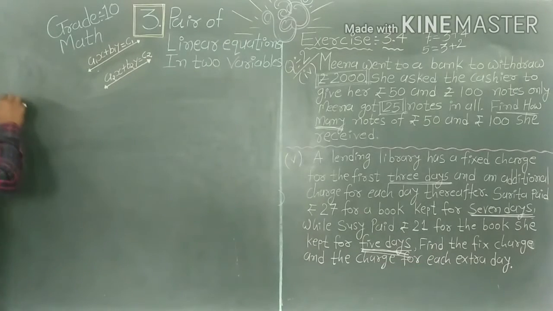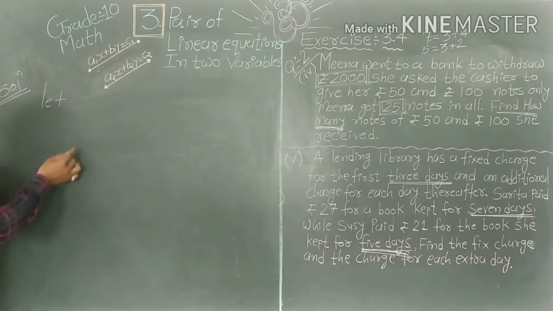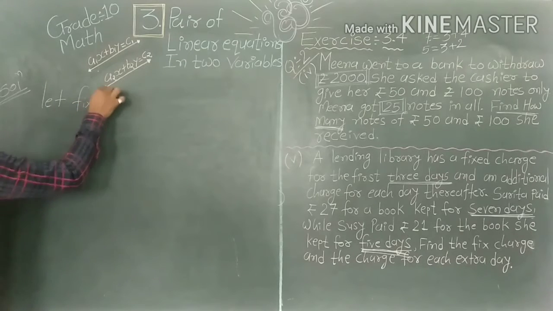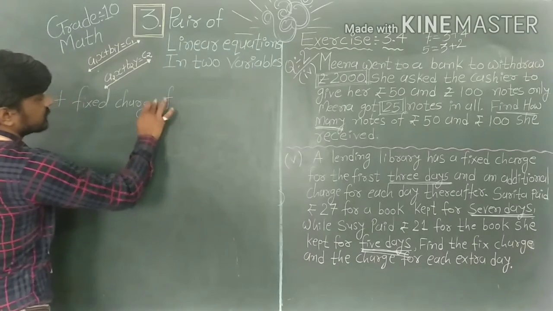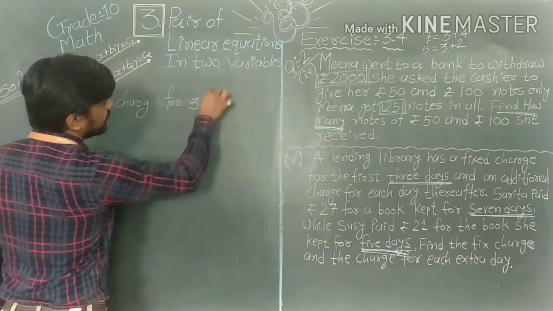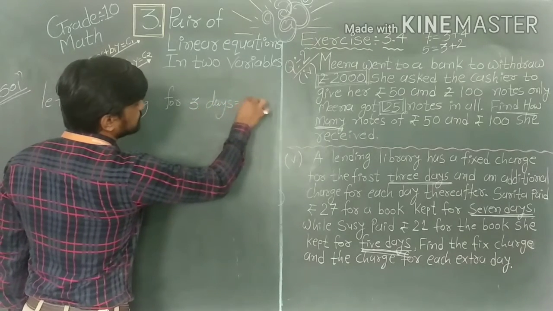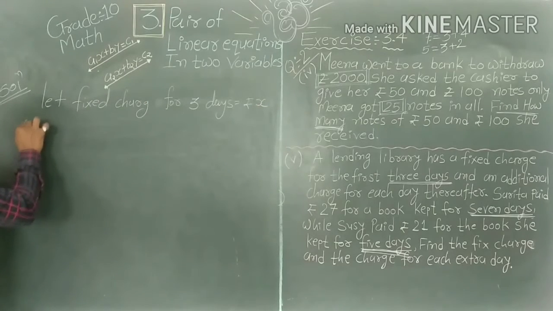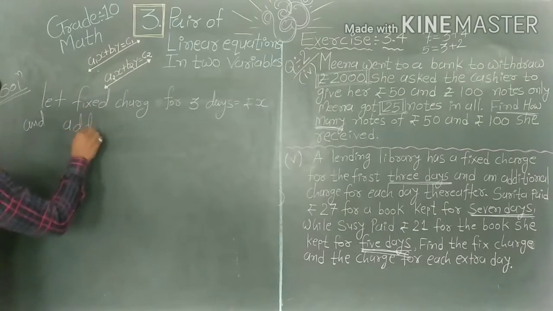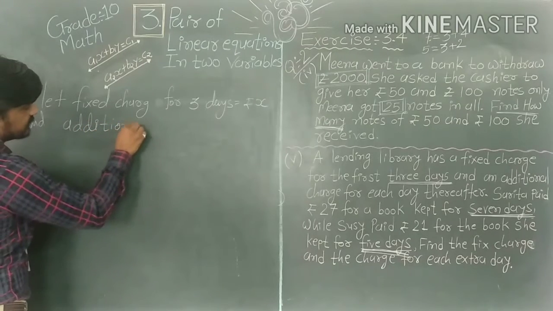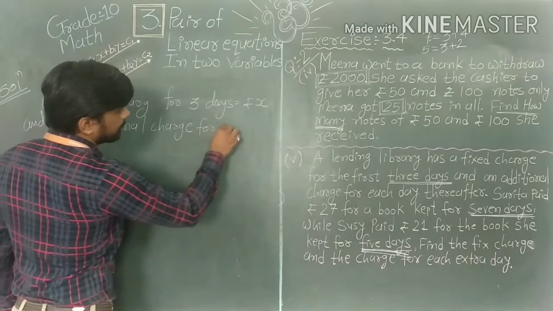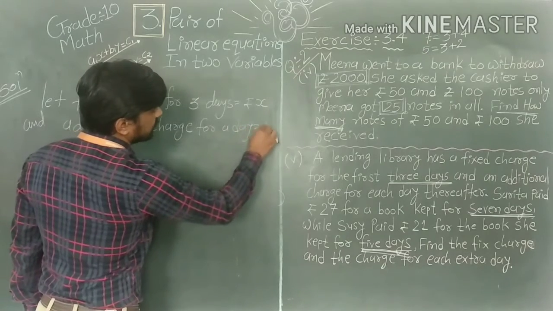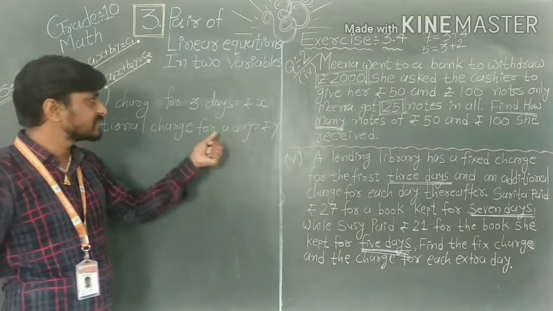So first of all, I consider the fixed charge as X and the additional charge as Y. So I write here the solution. Let the fixed charge for 3 days be rupees X, and the additional charge for a day be rupees Y. This is an additional charge for a single day.